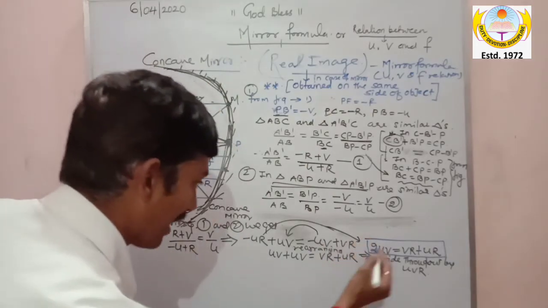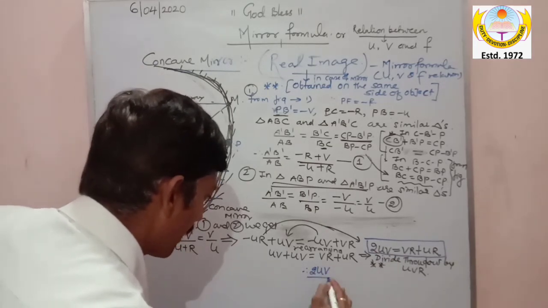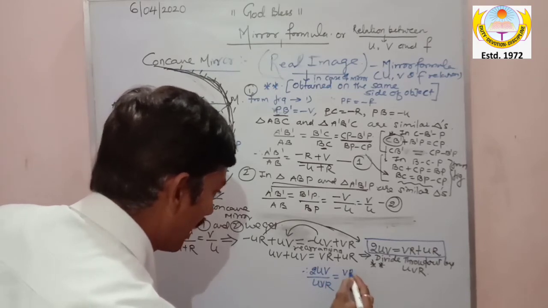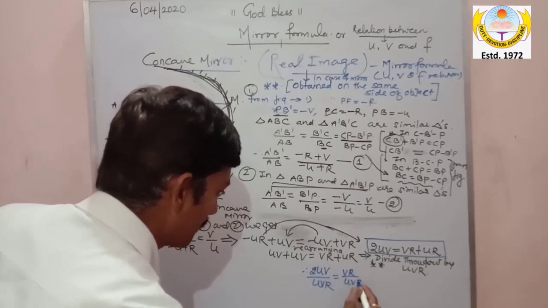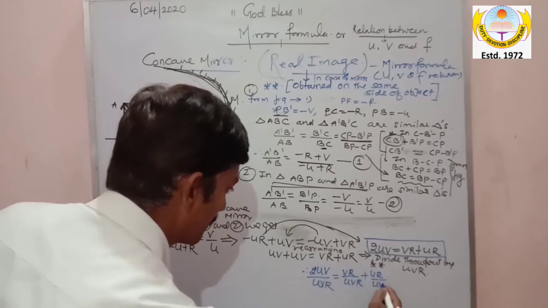So here what answer will I get? Therefore this will be 2UV upon UVR is equal to VR upon UVR plus UR upon UVR.